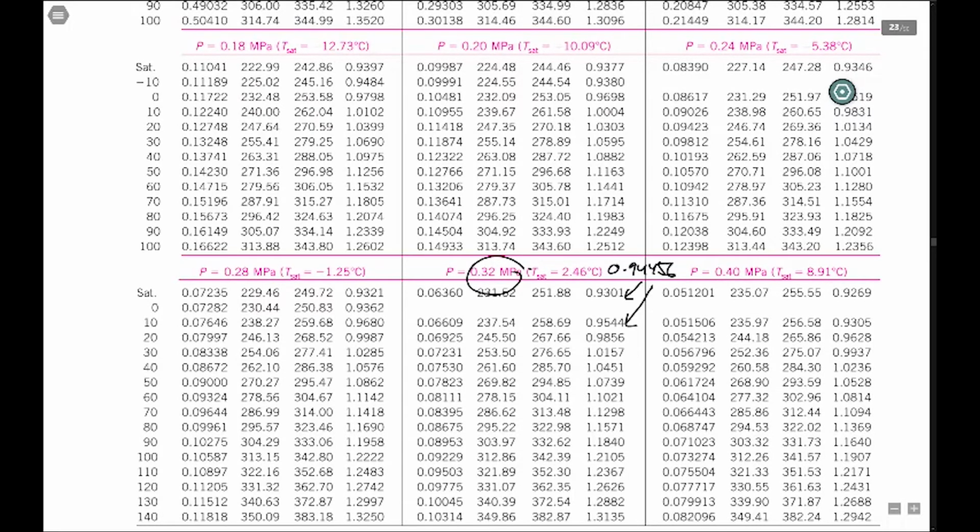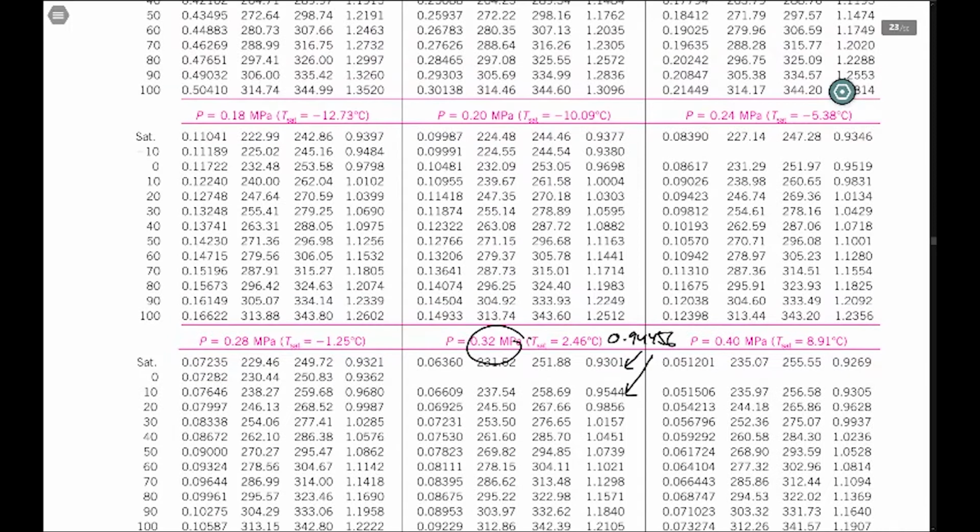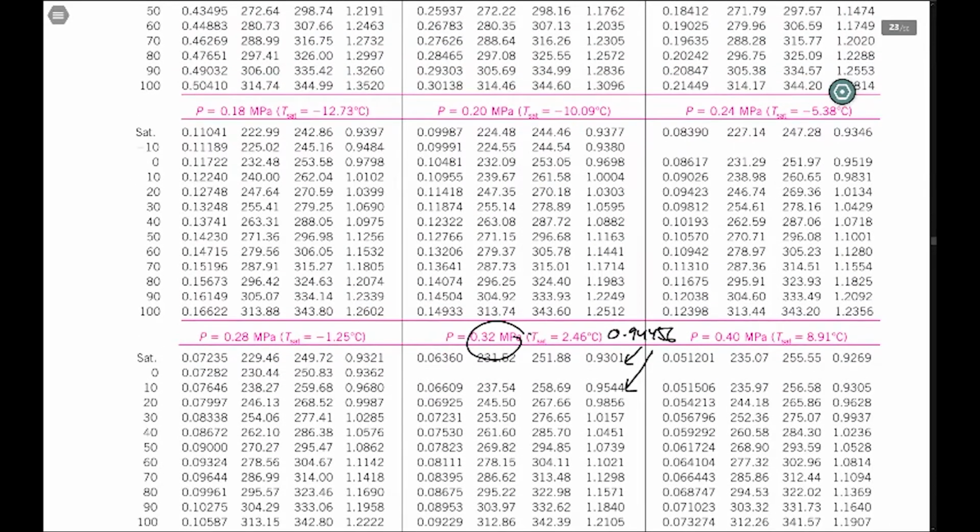And then we need to take the entropy and also enthalpy values, because our interest is to find what is the enthalpy for 0.94456.